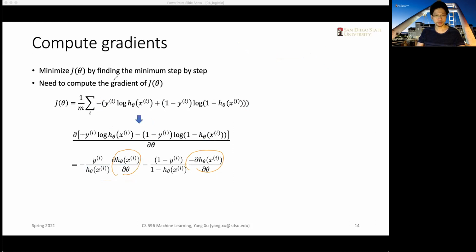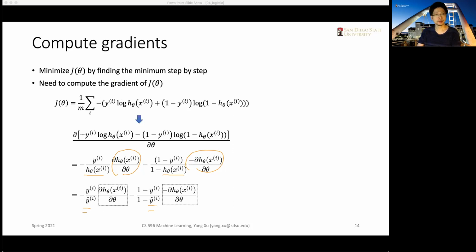We just want to know the derivative of h theta of x with respect to theta. That's what we need to know. Okay, so from this step to the next step, we also simplify the h theta of x to y hat.